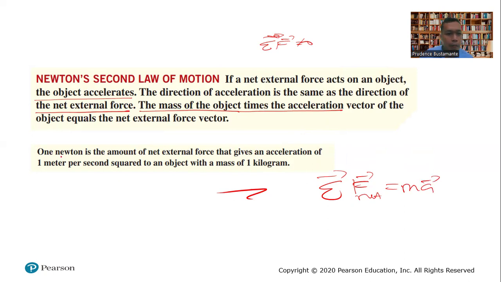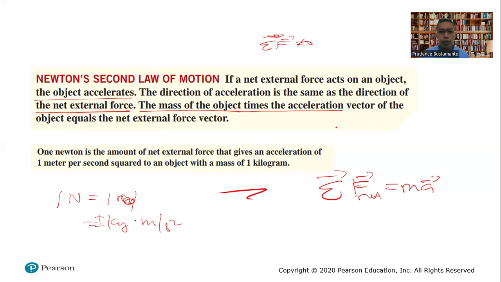So, ano siya? 1 Newton, so natay 1 Newton is the amount of the external force that gives an acceleration of 1 meter per second squared to the object with a mass of 1 kilogram. So 1 Newton is equal to 1 kilogram meters per second squared.